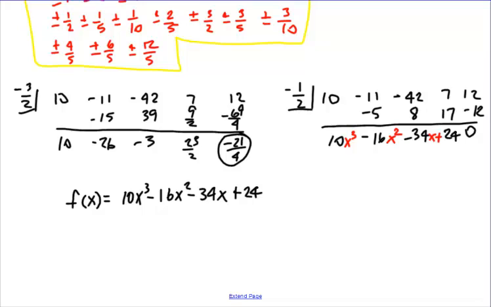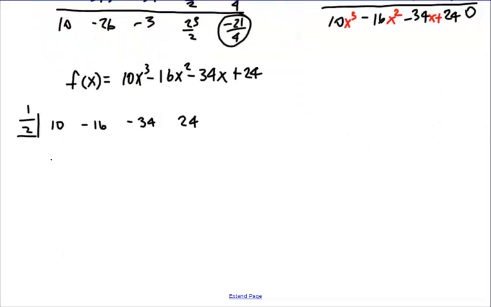And again, just look at the graph and try and get an idea. And it looks like the graph crosses the x-axis between 0 and 1. And we just used negative 1 half. But let's try positive 1 half. It looks like it crosses in between 0 and 1. So we'll go 10, negative 16, negative 34, and 24.